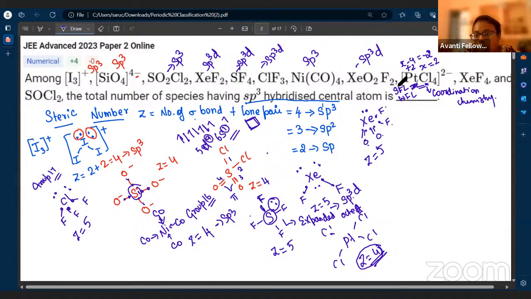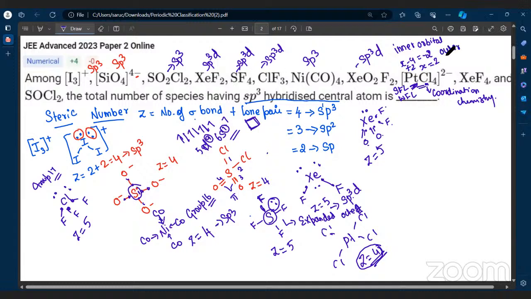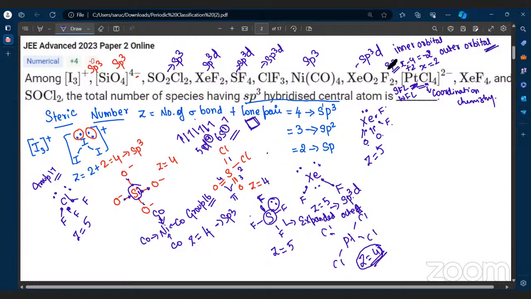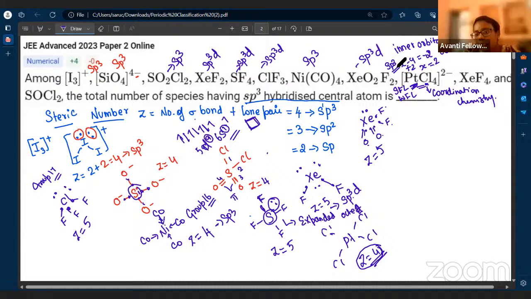So will it be an inner orbital complex or outer orbital complex? It is going to be an outer orbital complex. So what will be the hybridization? sp3. If it is an inner orbital complex, then it will give dsp2 as the hybridization.